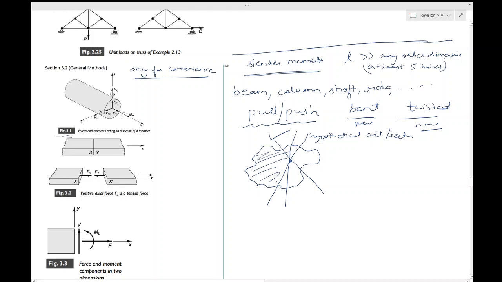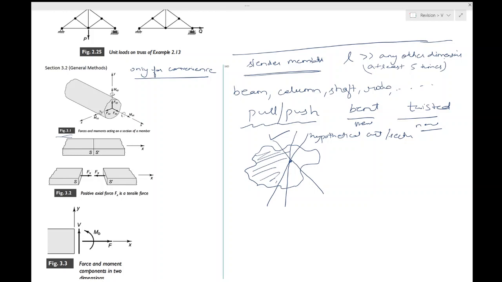This was clearly a member, a long, slender member, and you have hypothetically cut it at this plane. Okay, and then you have defined the x, y, and z axes along the orientation of your cut. This was something which you did afterwards, and when I say cut, it was only a hypothetical cut.